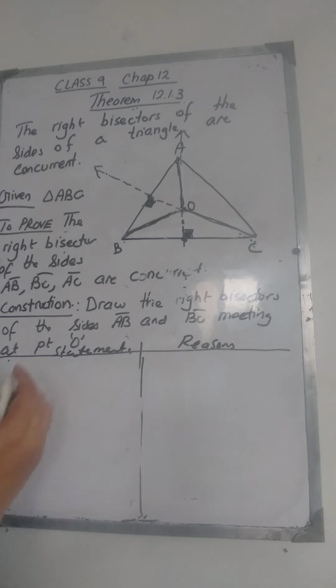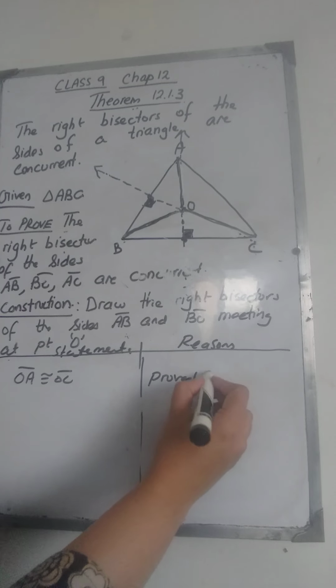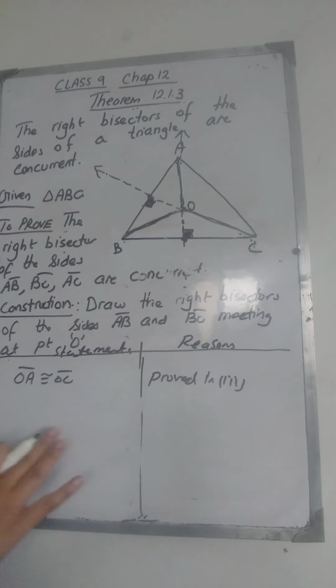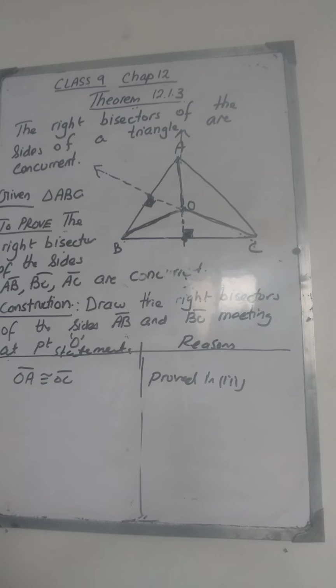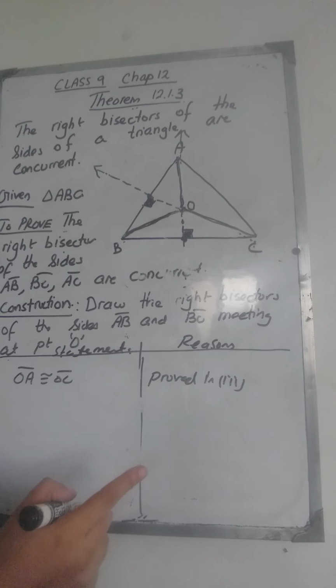Now we know that OA is congruent to OC. This we proved in the previous step, equation 3. Now according to theorem 12.1.2 that I discussed at the start of this lecture, if there is a point which is equidistant from the end points of a line, then that point always lies on the right bisector.